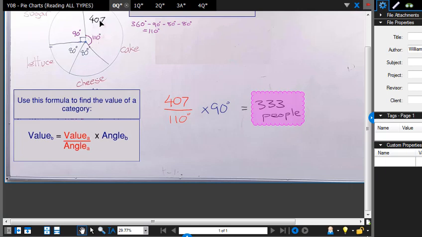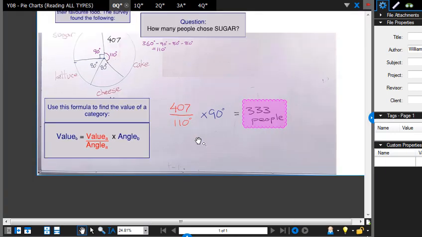In this case it was cake, 407 divided by 110, multiplied by the angle of the category that we want. So to get the value of the category that you want, get the value of another category divided by its angle and multiply it by the angle of the category that you want. And that will give you it.